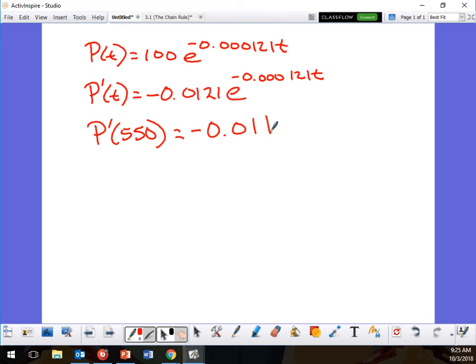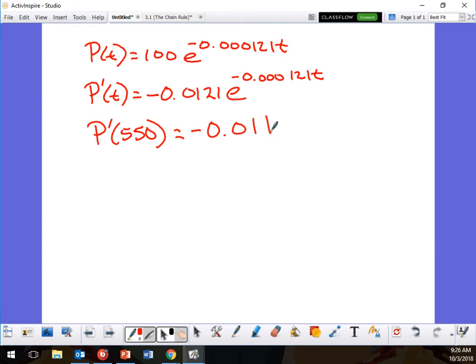Now, on this one right here, can someone tell me what this is actually meaning? It's the change in percent over time at that certain point right there. So that means it's going down a really, really small amount.